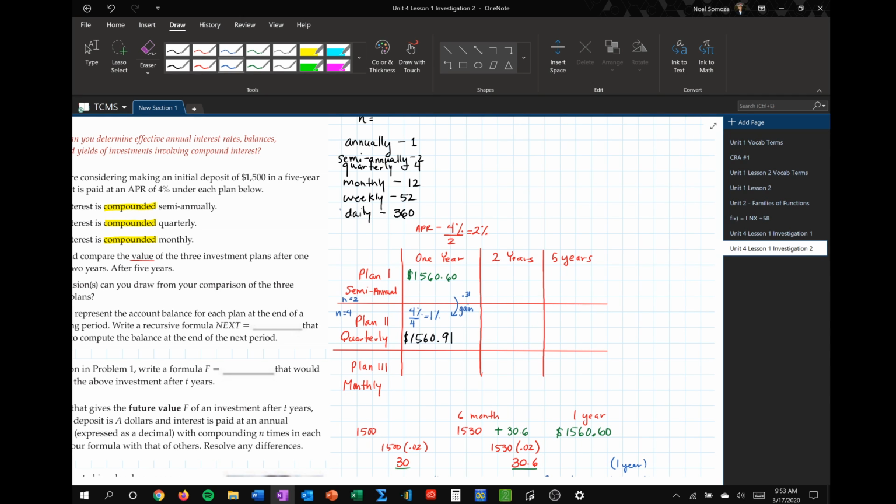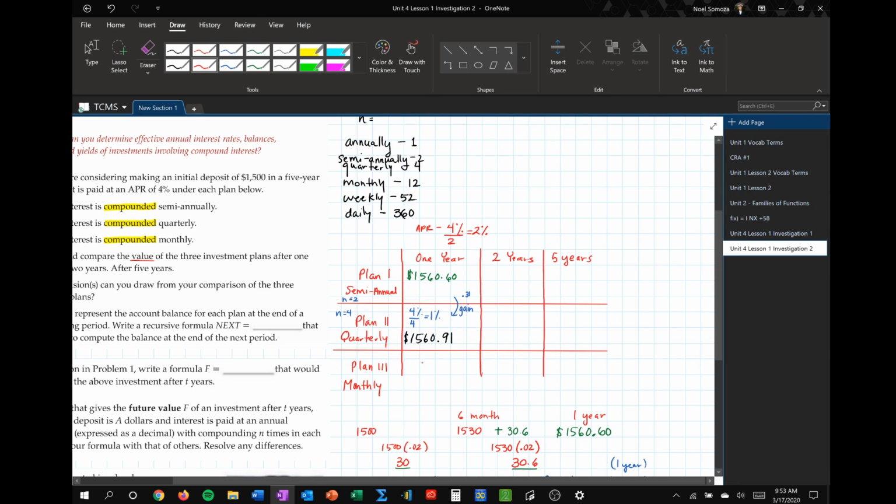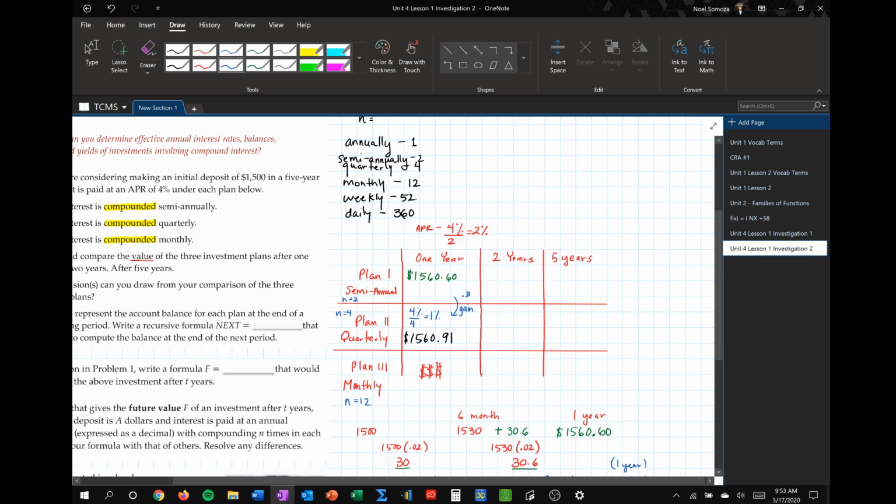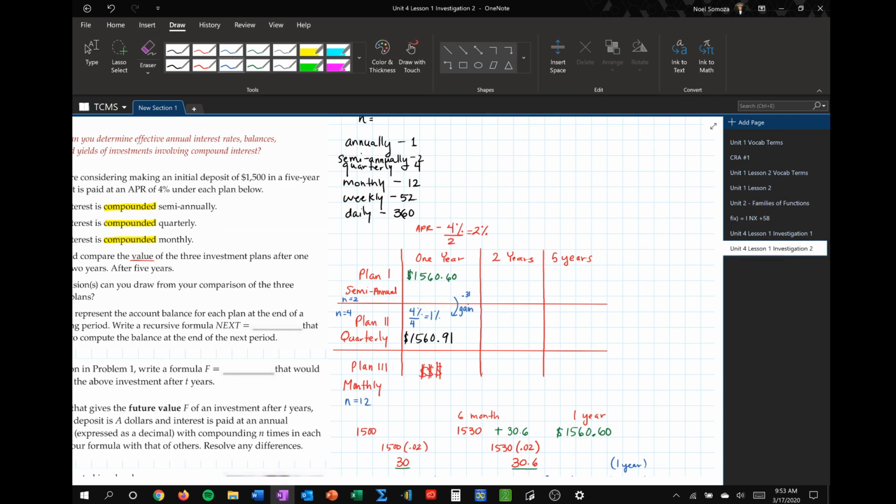So you should expect monthly to be larger than quarterly, because here, how many times is it done in a year? It's done 12. If you do it 52 times, or if you do it 360 times, you're going to see those pennies start to move. You're going to see some benefits in that.